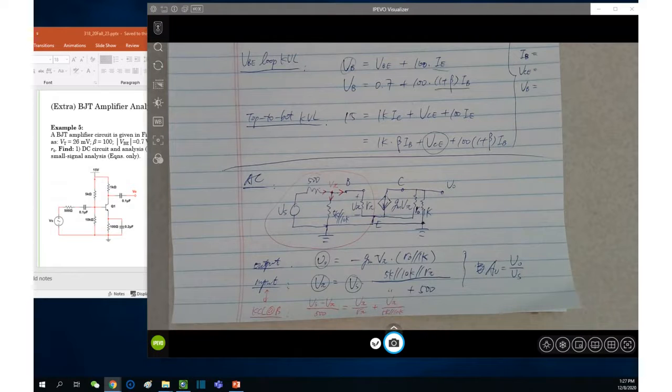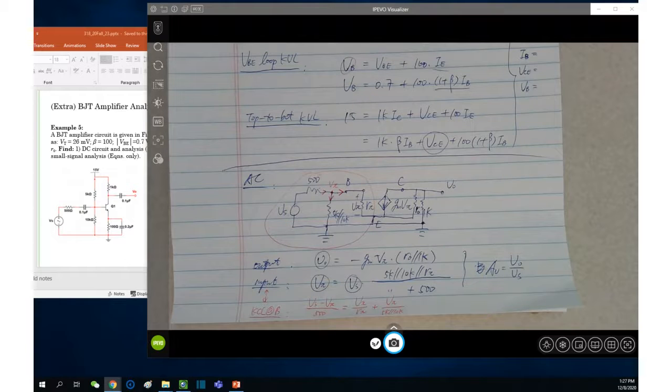However, KCL at the base remains working. Always remember what I said, and has been said through the entire semester: KCL, KVL have no constraints. Voltage and current dividers do. Good. Any other questions? Any other concerns?